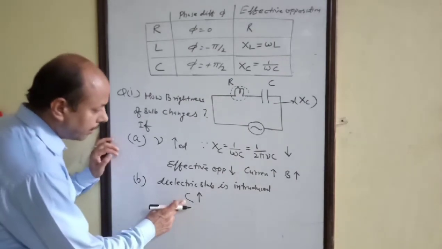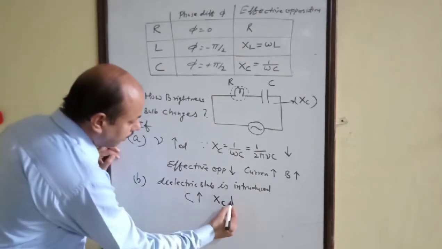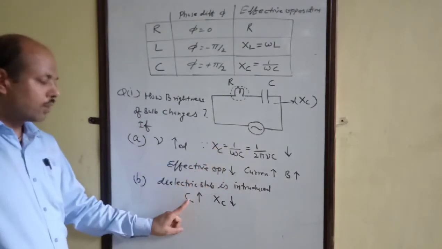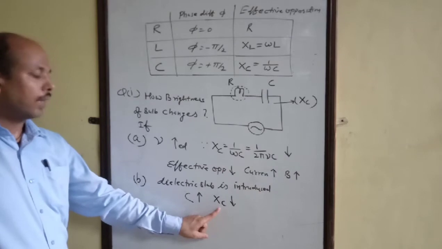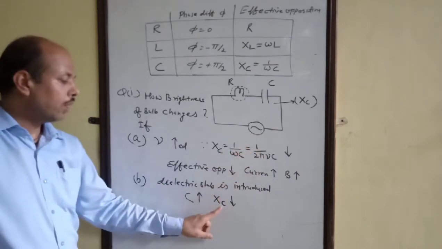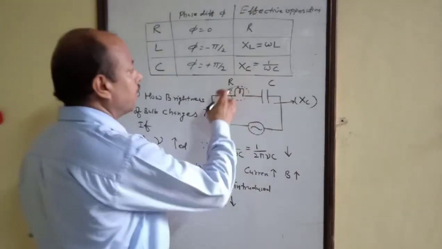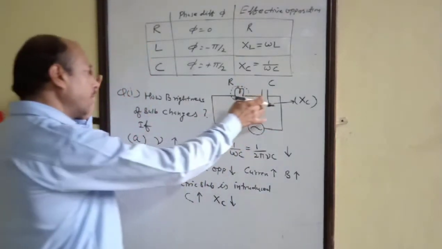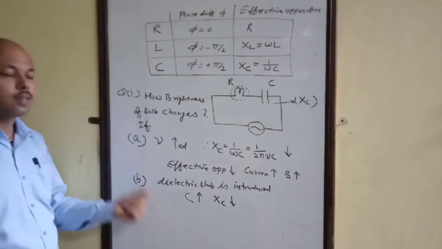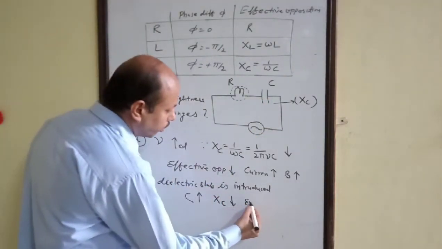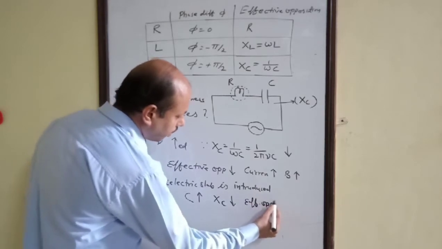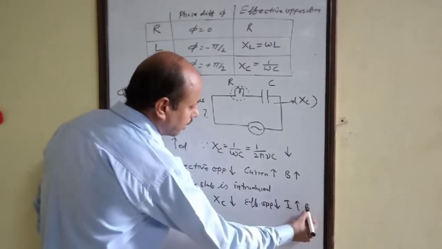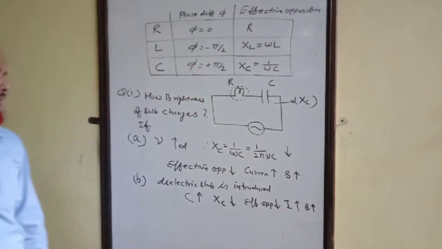If capacitance increases, then Xc will decrease, because Xc equals 1 upon omega c. Xc means effective opposition of the capacitor, and since here we have a resistor and a capacitor, in the resistor there will be no change. Here the opposition decreases, therefore total effective opposition also decreases. Finally, current increases, and we can say brightness also increases.